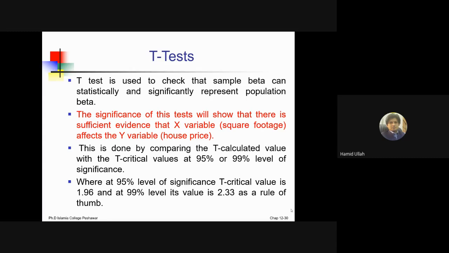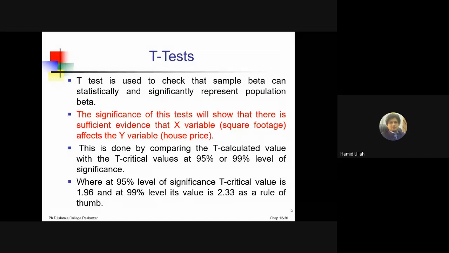If the statistic shows that no, your beta is not representing the population beta, you should stop here. It means that you have taken a wrong x variable, which is why the x variable is not showing changes in y. The variable that you have considered is wrong, and you should go back and consider another x variable.